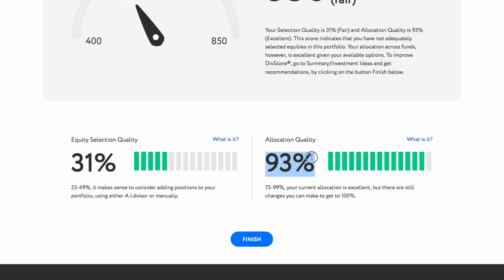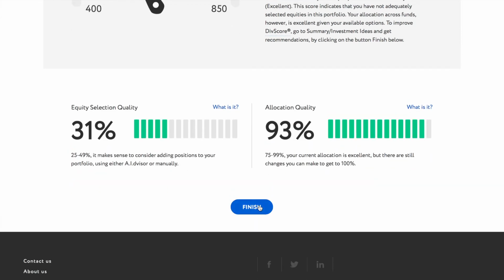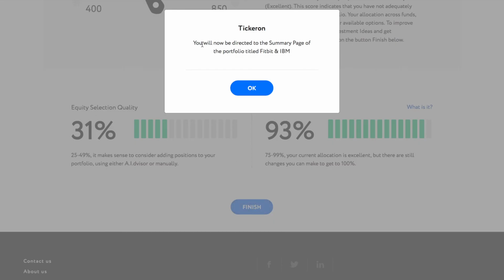Now when you look at my allocation quality, it's pretty excellent at 93%. This means I've done a pretty good job of allocating the money across the funds I have in my portfolio. But again, there's always room for improvement. Now let's click Finish and proceed to our portfolio summary page.